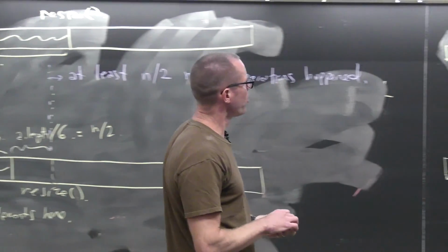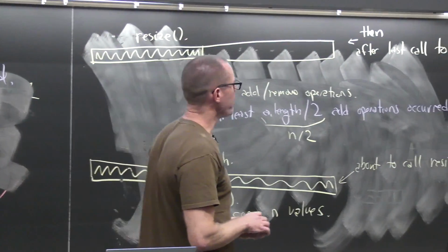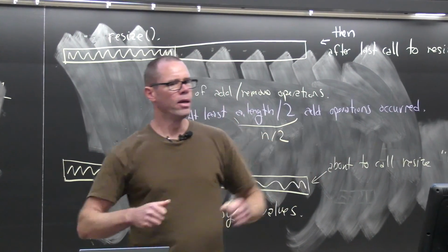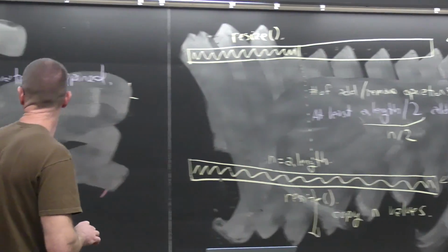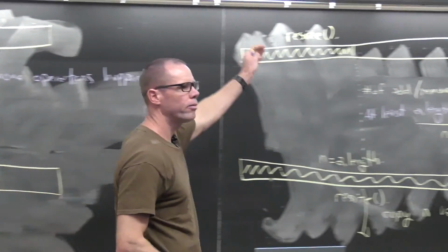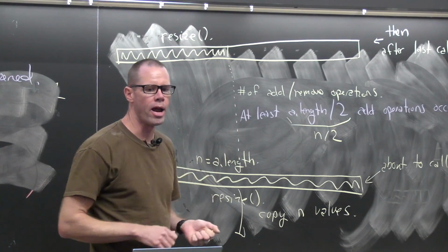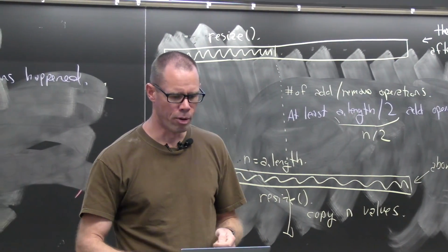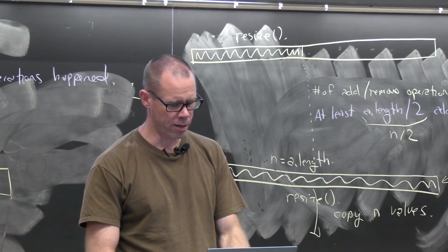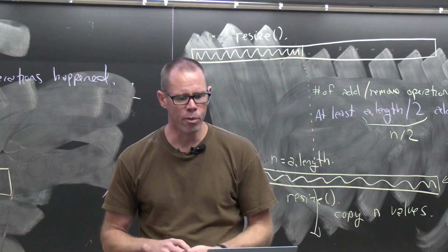So now you know why, if you think about this for a while, you double the size of the array. You'll know why I picked array length over 3 to shrink the array. It was to make all of this work out perfectly. If we go back to our experiment here, it's still running.